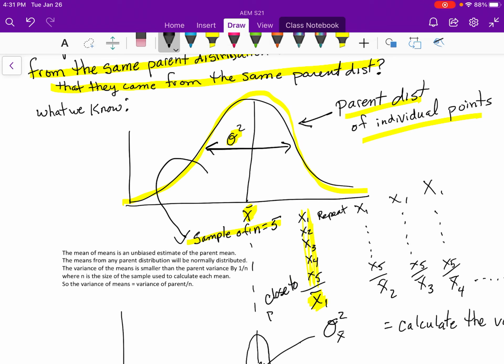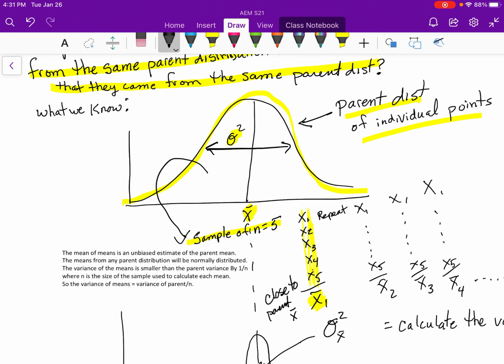It's going to be close to the parent x bar. It won't be exactly there, but it'll be near there. Closer than any one of these single points on average, because those points could come from anywhere in the distribution.